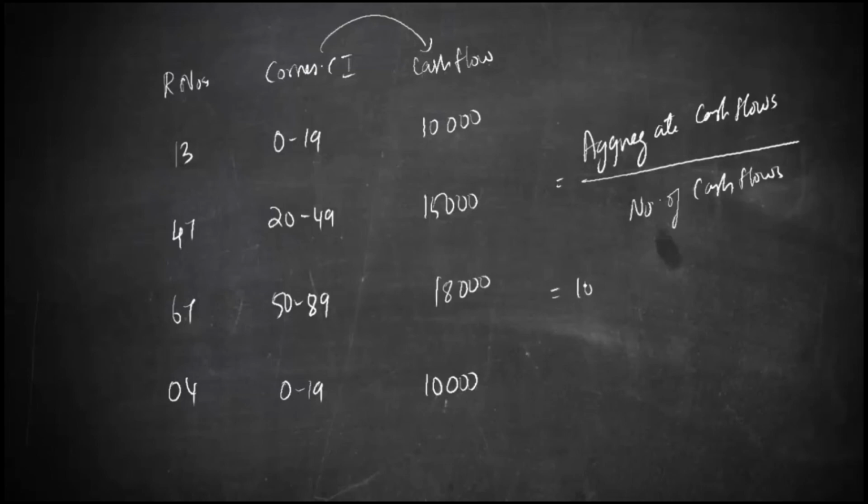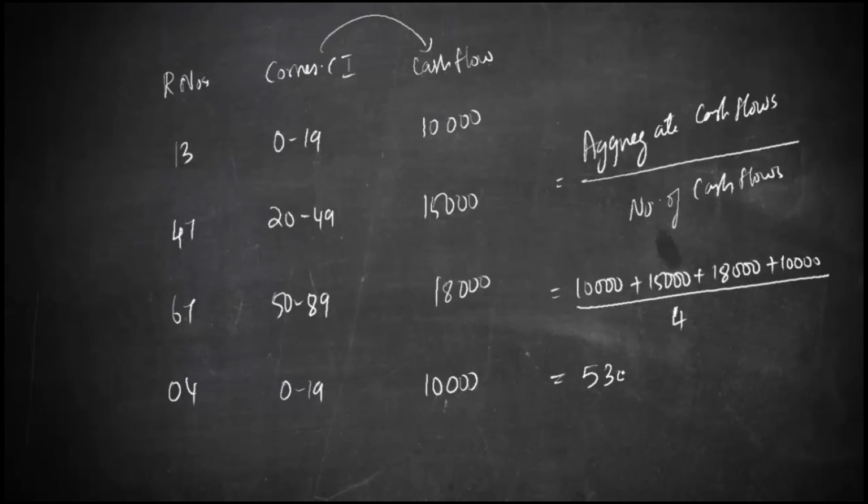In this case it is going to be 10,000 plus 15,000 plus 18,000 plus again 10,000. So it is 53,000 divided by 4.